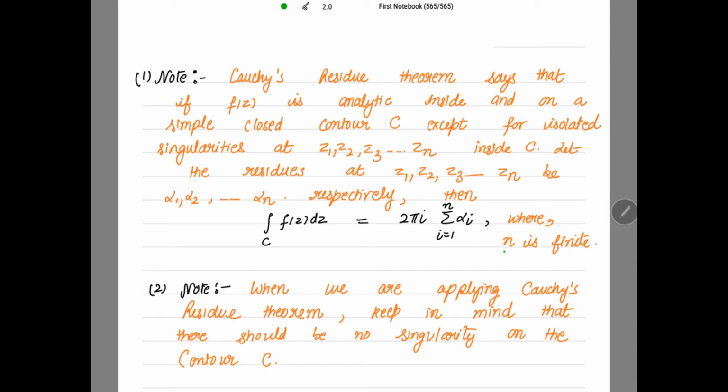This you have to keep in mind. n should be finite. Second note, when we are applying Cauchy's residue theorem, keep in mind that there should be no singularity on the contour C. All the singularities are inside your C. Right? This you need to remember.